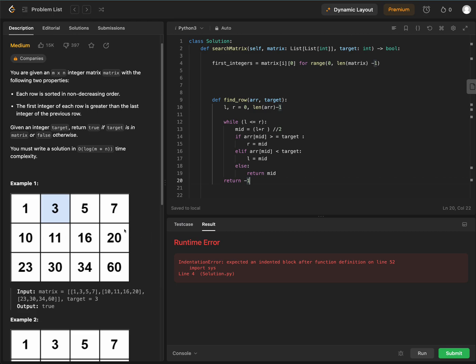If it is bigger than this, okay, let's change this. L equals to mid. Yeah, this is a bit of a problem. We need to think about how we can find this.